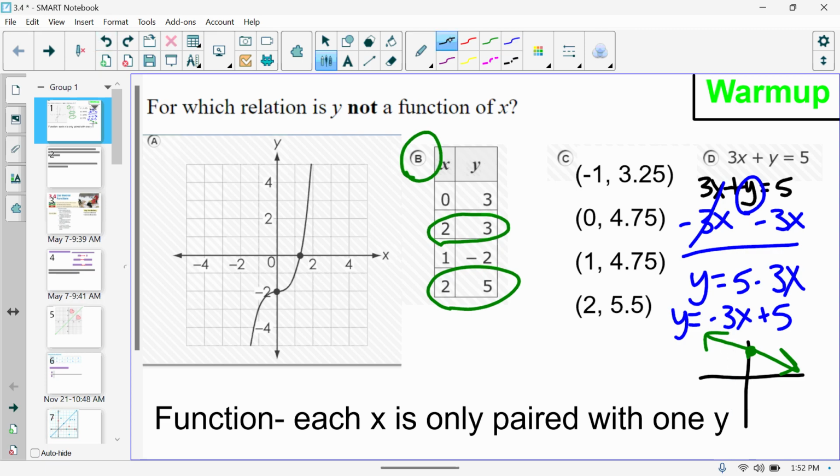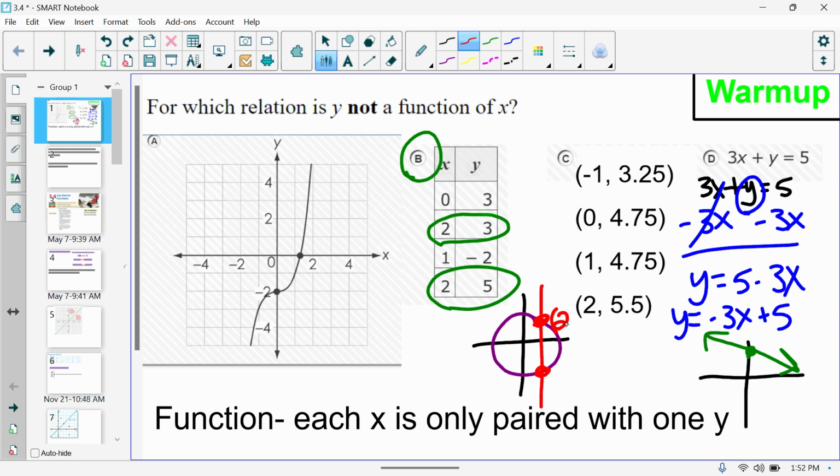I'm just going to show you a quick example of a picture that would not be a function. If you graphed a circle, that wouldn't be a function, because do you see when I draw a vertical line through it how it touches the graph more than once? That will be bad because you'll have the same x paired with more than one y.